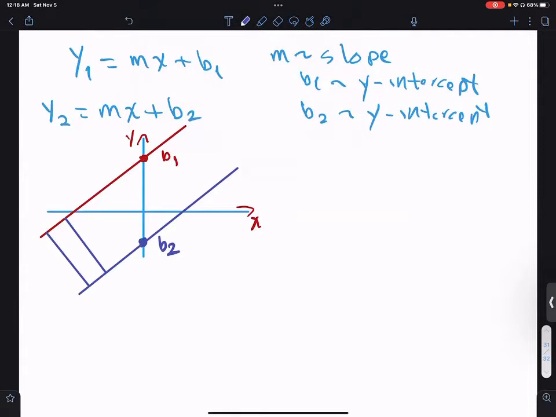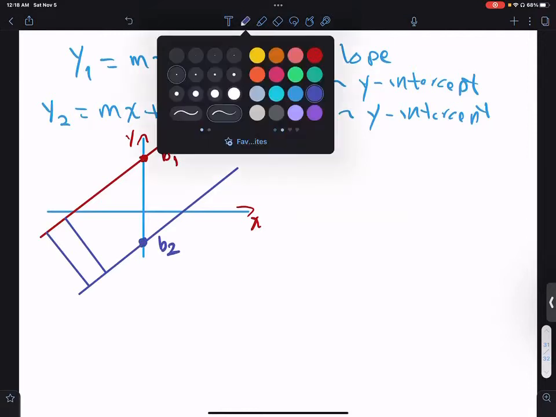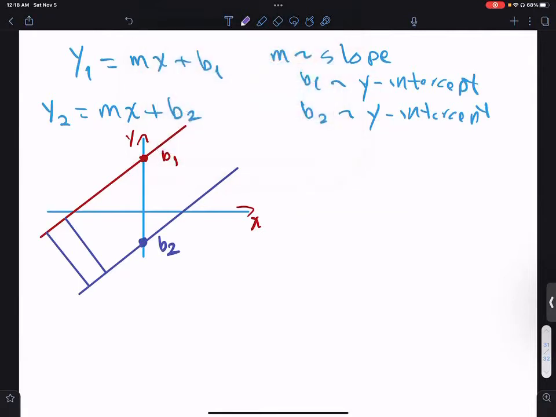Okay, now, instead of picking any line, I'm going to pick a particular line: the perpendicular line to both, the one that crosses the point 0, 0 of the origin. This one.